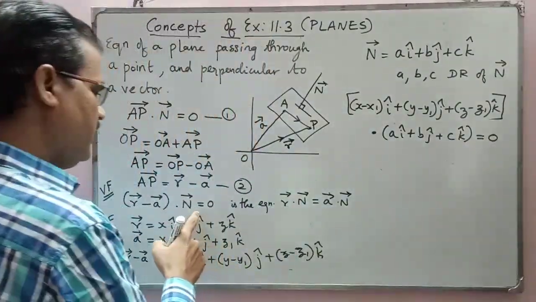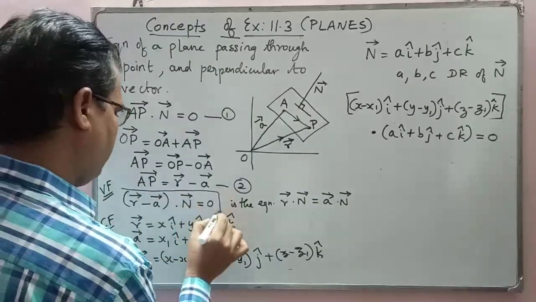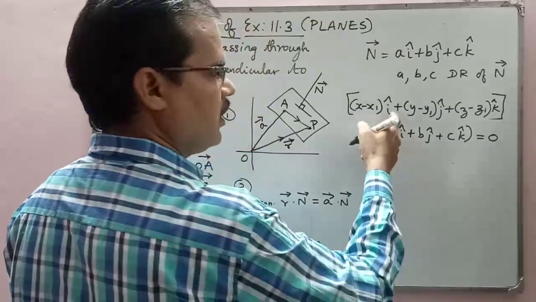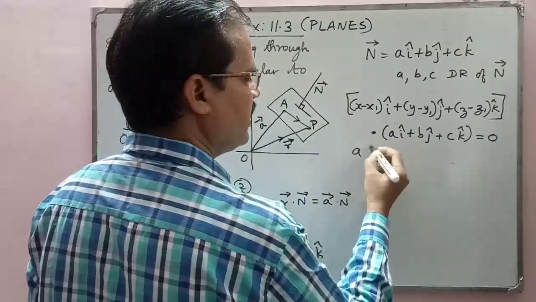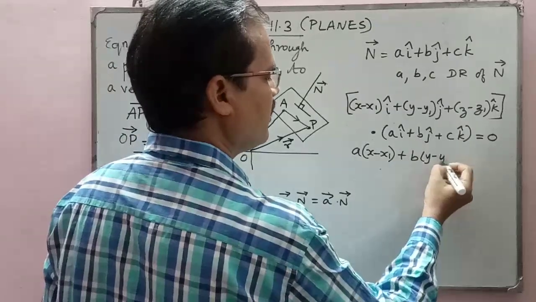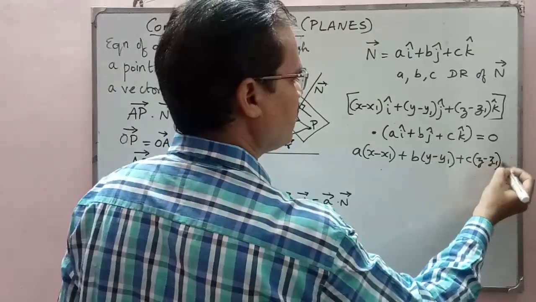I substituted in the vector form. Right. Now doing the dot product, we know i dot i is 1. So what we are left with is a times x minus x1 plus b times y minus y1 plus c times z minus z1 equals 0.